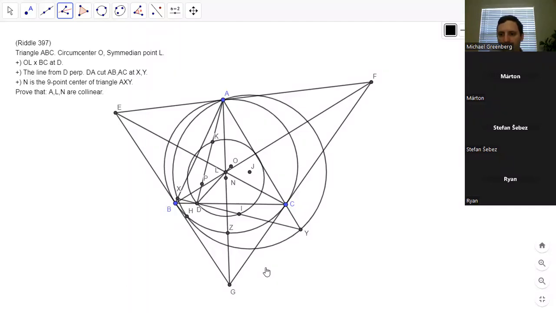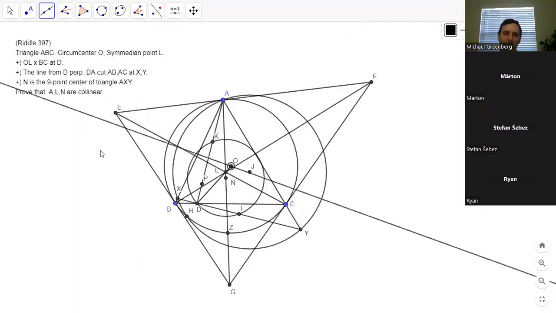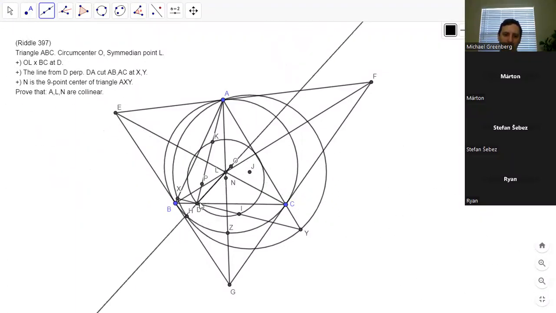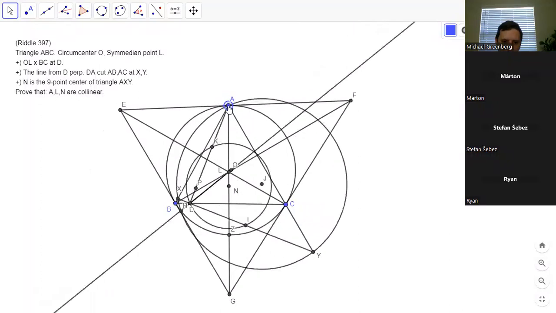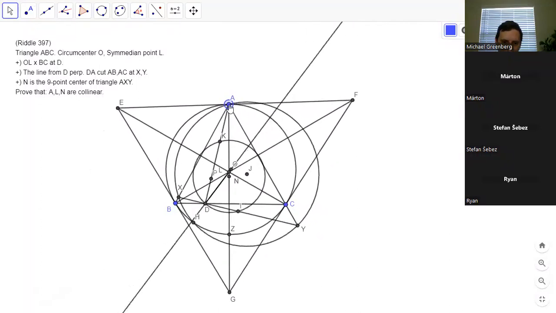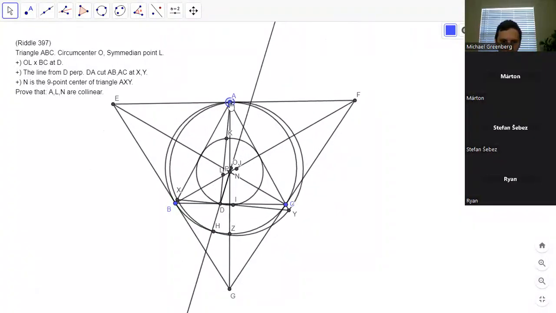Sorry, are O, D, and H on a line? Oh, what? Are O, D, and H on a common line? No, I thought they were before. That's one of the things I thought, but if you move the figure, you find out that they're not. This makes it look like it's close, but I think I showed it before where they were farther off.